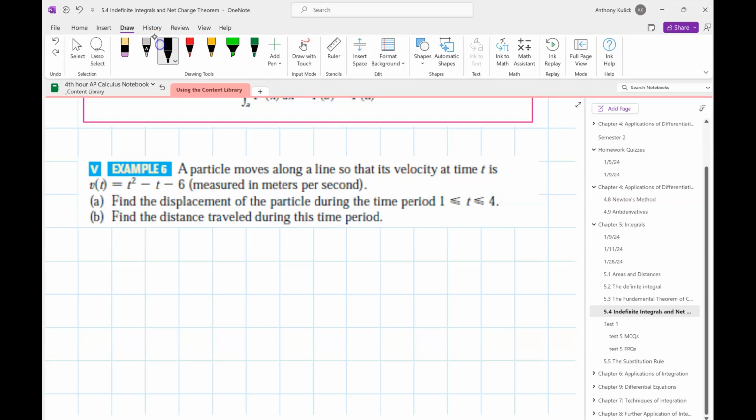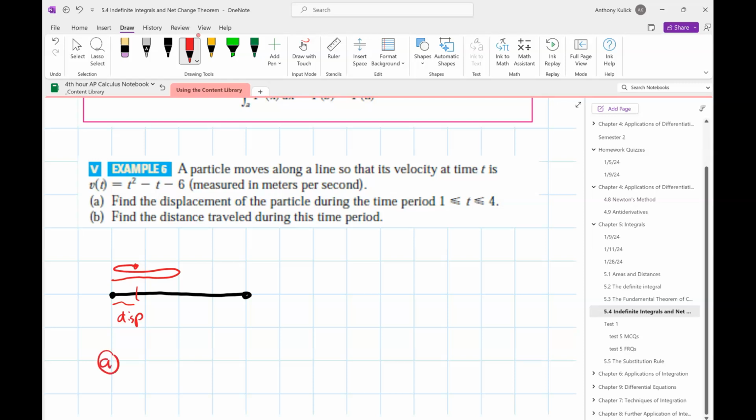What the heck is the difference between displacement and distance traveled? You can travel, like go backwards and then forward again, and then you travel farther. Yeah, so imagine we did something like that. This is the displacement, but the whole length of that path is the distance traveled, right?